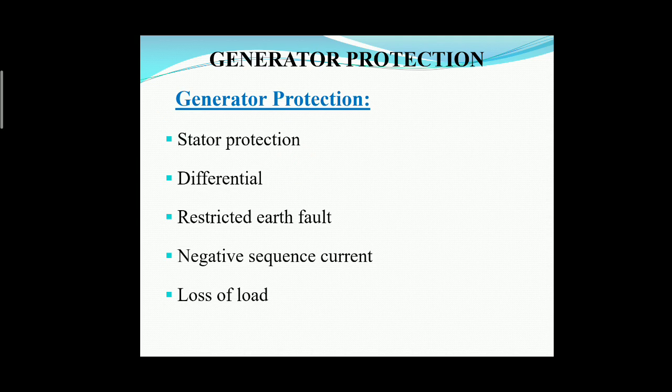Okay, these are the stator protections: differential protection, restricted earth fault protection, negative sequence, and loss of load protection. These are some of the protections given for the stator of the generator.